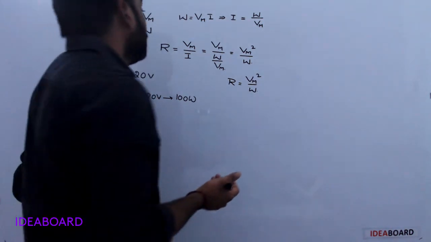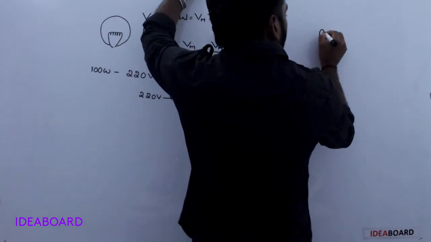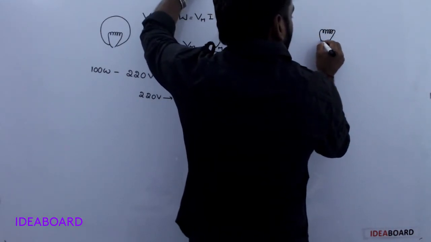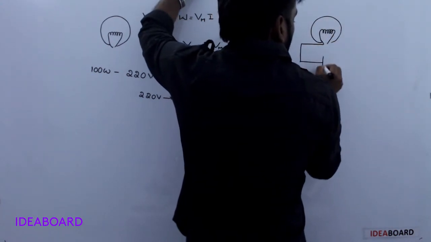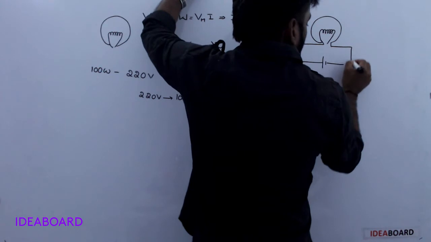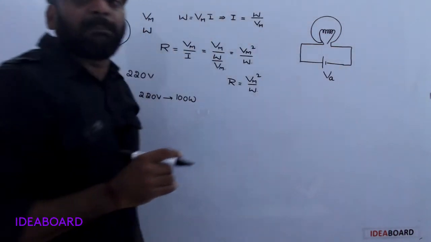Okay. Now, if it is connected to one battery, it is V suffix A. V suffix A means applied voltage.